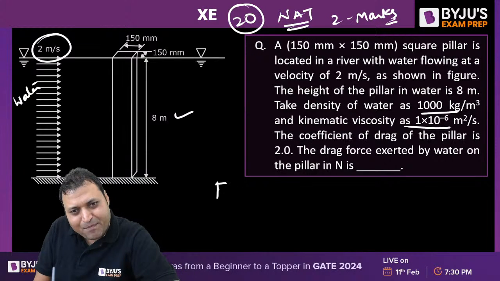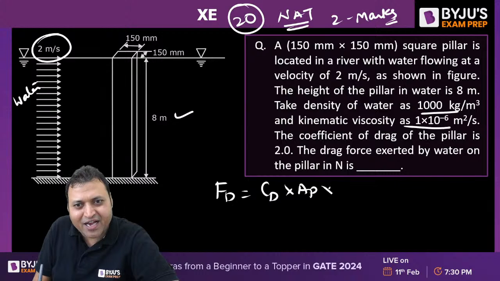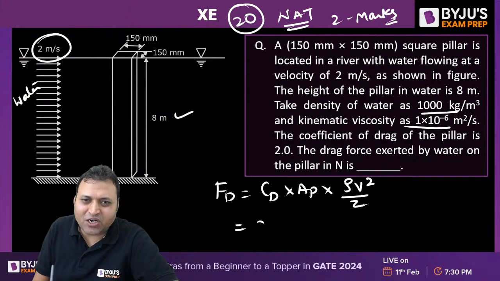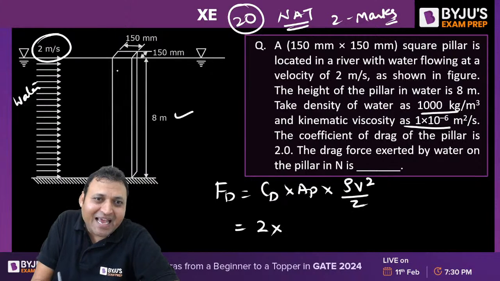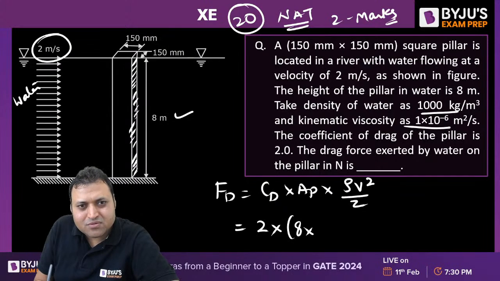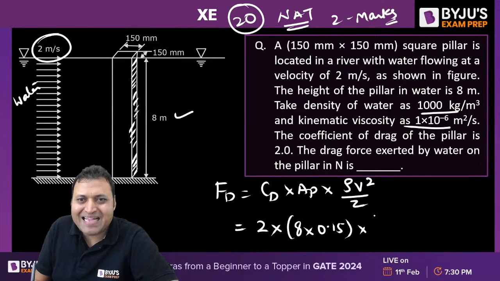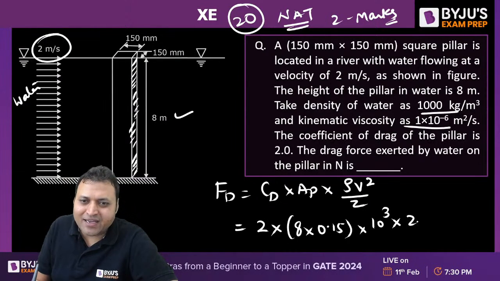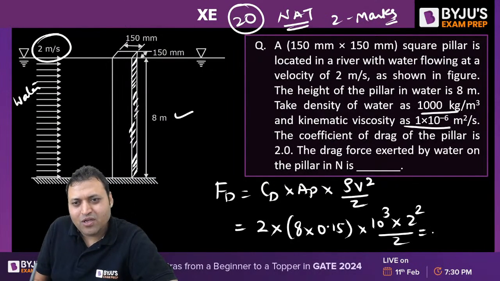So very simple, drag force is equal to coefficient of drag into projected area into rho v square by 2. Formula based, coefficient of drag is 2. Projected area will be this area. So it will be 8 into 8 meter by 150 mm, 0.15 into density of water 10 to the power 3 into v square, that is 2 square by 2 will give you the answer.